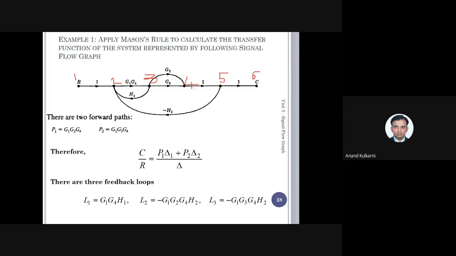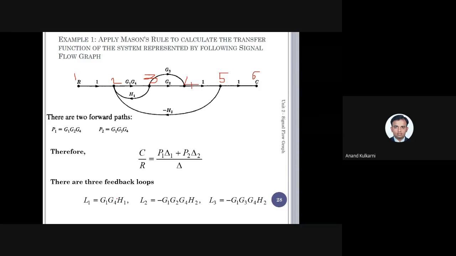So this is the first loop. Then what is the second loop? It is 2, 3, 4, 5, and 2. So again, 2 is common. Since 2 is common between the two, these two loops are touching. I cannot consider them as non-touching loops, because they have common nodes.